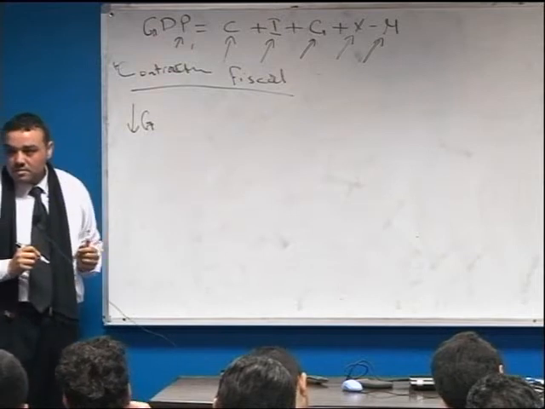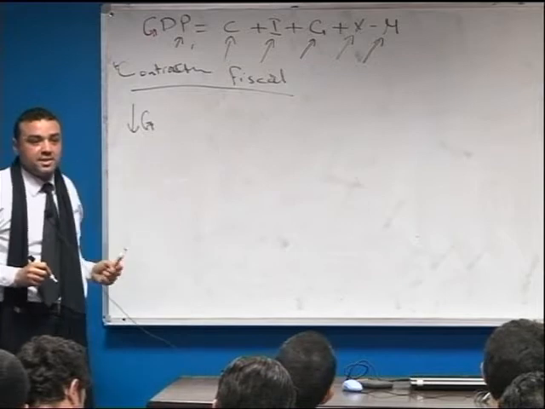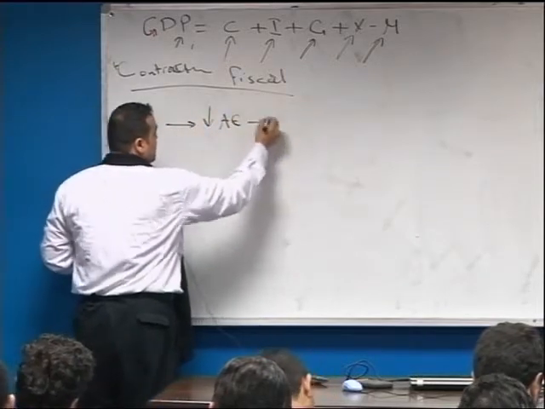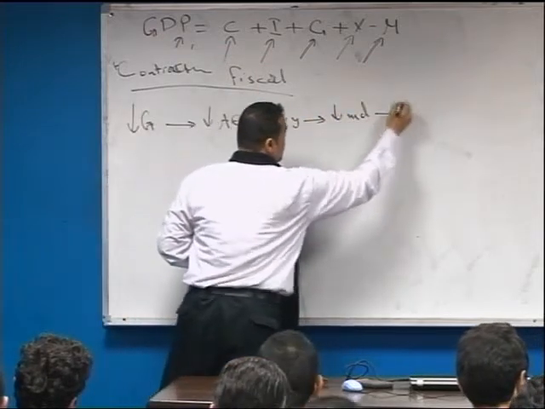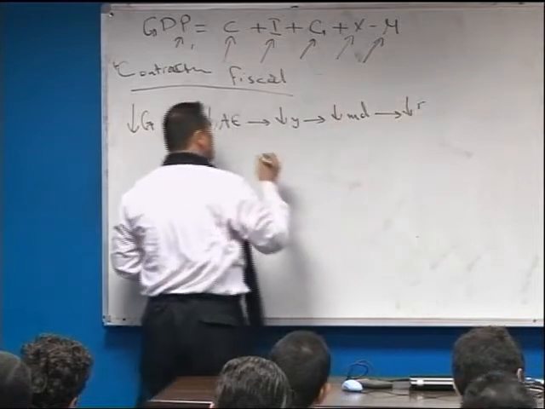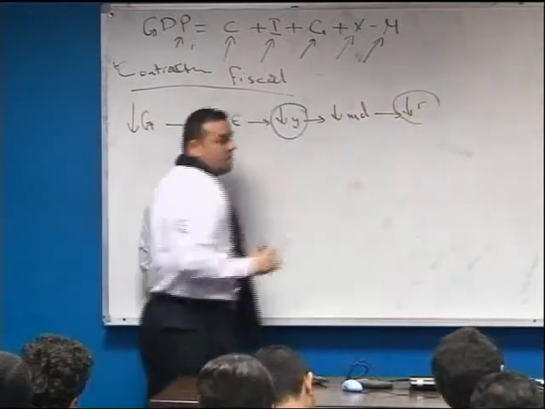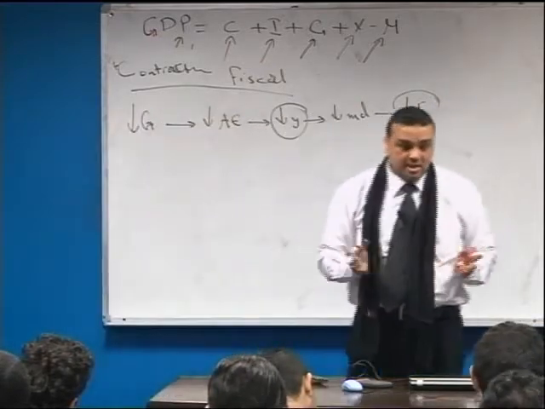Right? Either we decrease the government spending or we increase the taxes. What does this do? Decreasing the aggregate expenditure, decreasing Y, decreasing money demand, decreasing R. So what we will see is decreasing in Y and decreasing in R. This causes a leftward shifting in the IS curve.